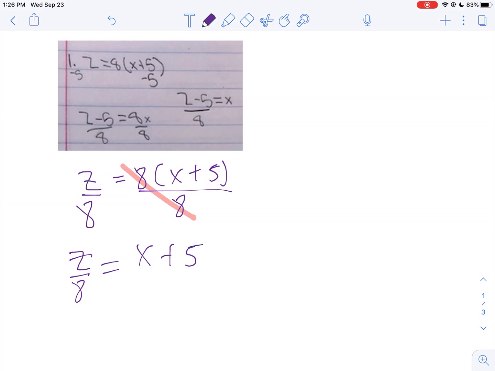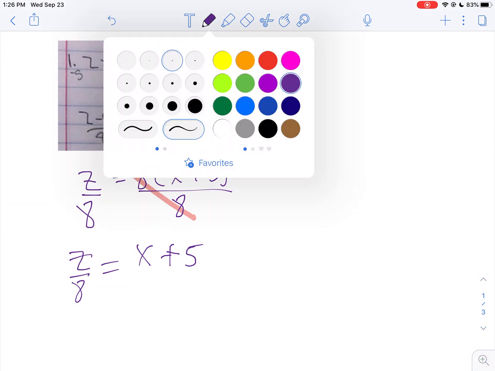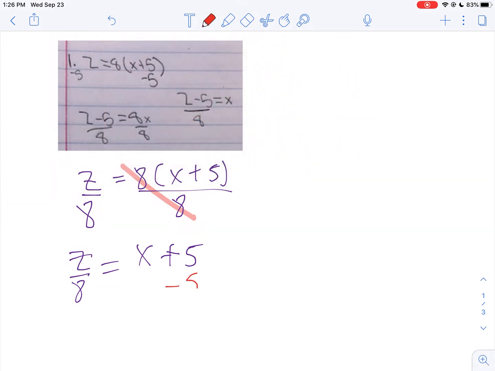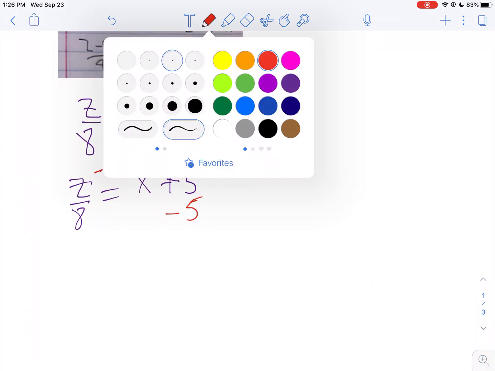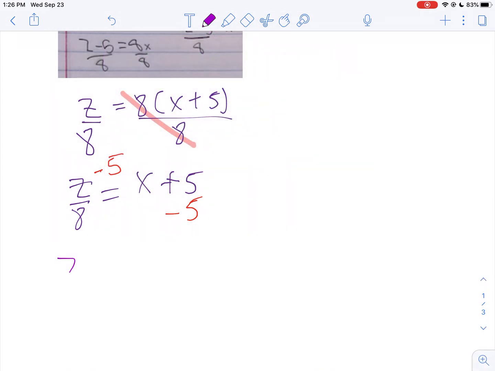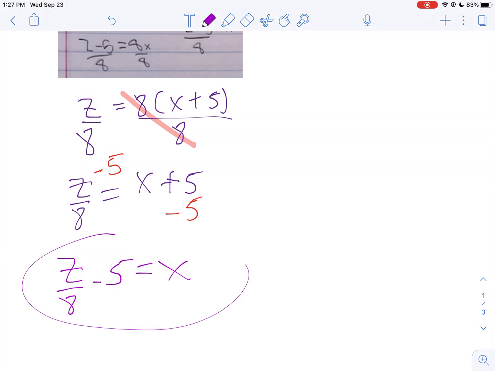Then we're going to get rid of adding 5, so the opposite of adding is subtracting. Now you don't have a z, so you can't really combine them. When they say solve, it's more like rearrange. So we're going to say z over 8 minus 5 equals x, and there's your answer.